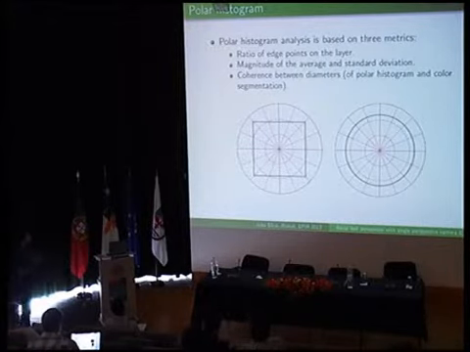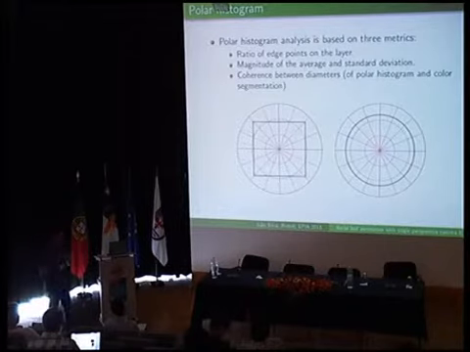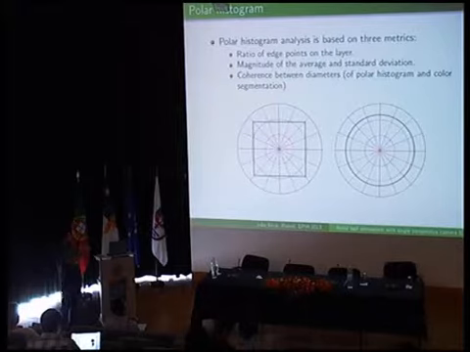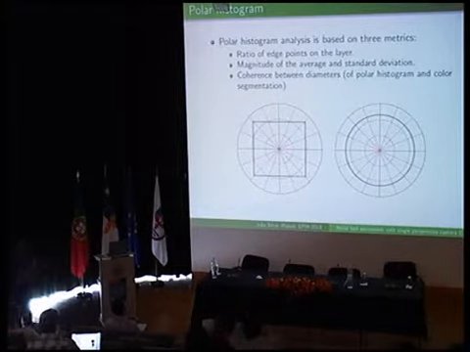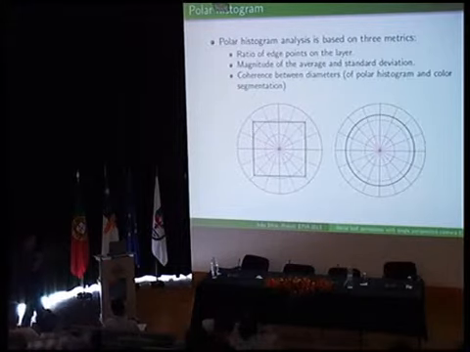Basically, the polar histogram is divided into layers and slices, something that is crudely represented in these schemes. And in this case, we have a perfect drawing, a perfect contour.